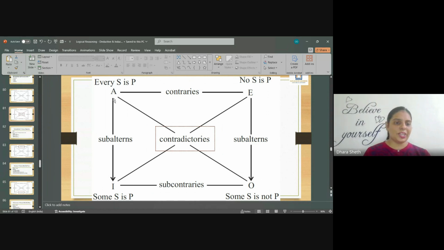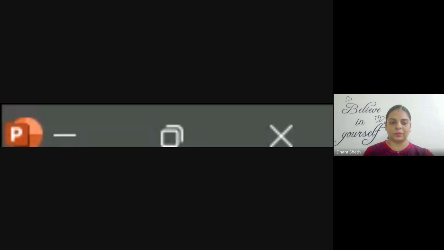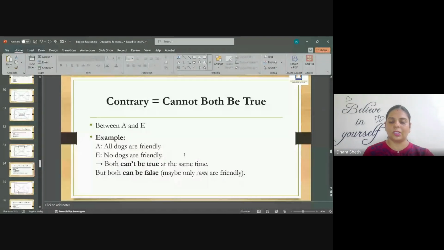The next relationship is contraries. Remember, this is contradictory, this is contrary. This relationship is between A and E. Both cannot be true at the same time.